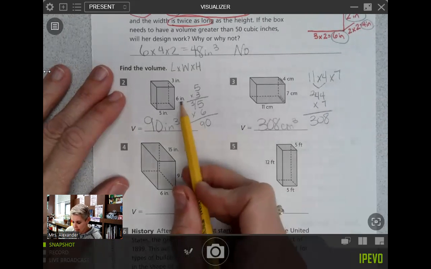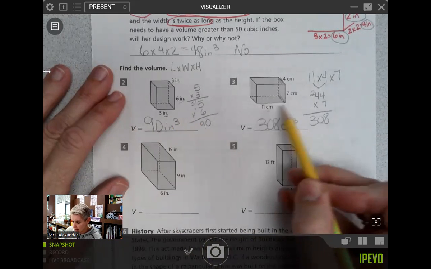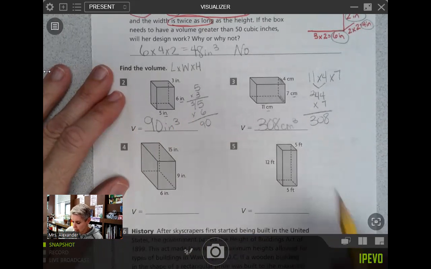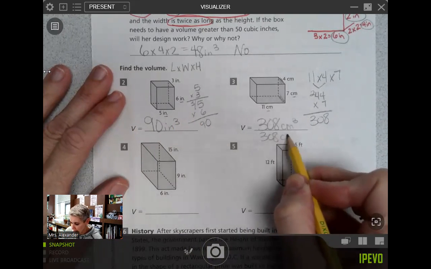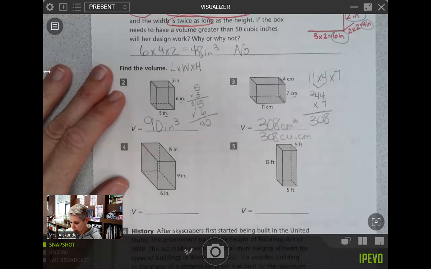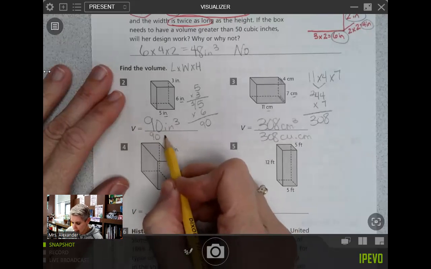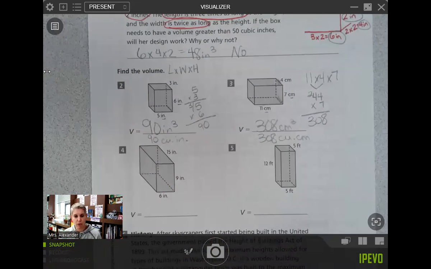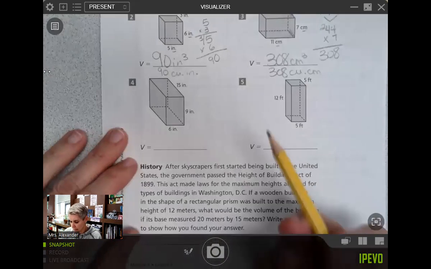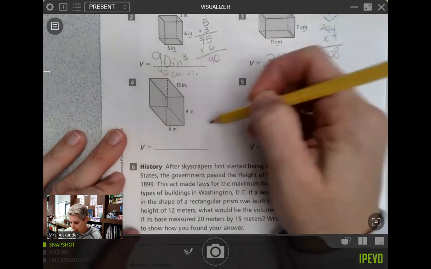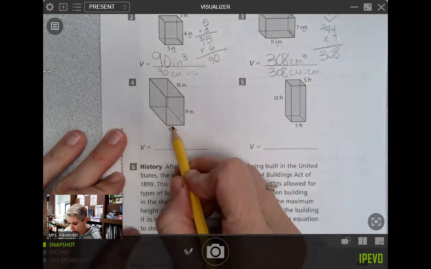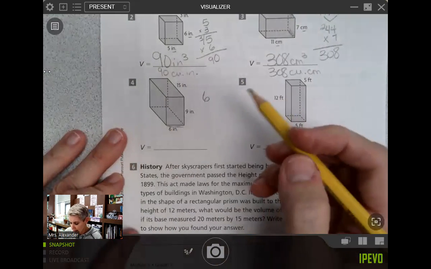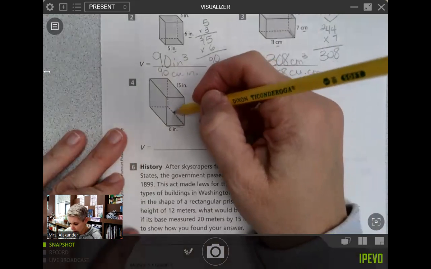Remembering to label properly. Not only do we need that label of measurement, but we need that exponent, or it could have looked like that for cubic centimeters. Over here, it would have been 90 cubic inches, right? Please label properly. Okay, let's move on to number 4. I see a length. I'm going to use this for the length, 6. I see a width. How wide is it?